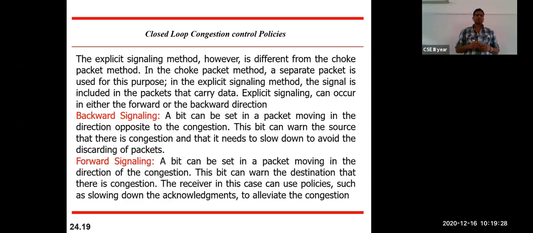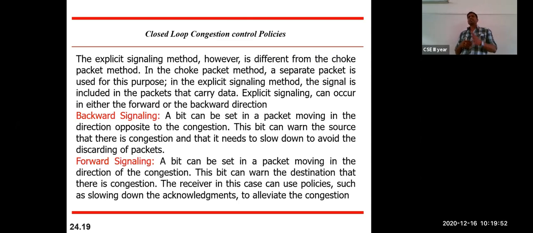How is it different from choke packet? In choke packet, a separate packet is sent to the source. In explicit signaling, no separate packet is sent. Instead, a warning or a choke bit is added to the outgoing data in that direction. So explicit signaling again can happen in 2 ways, backward or forward.